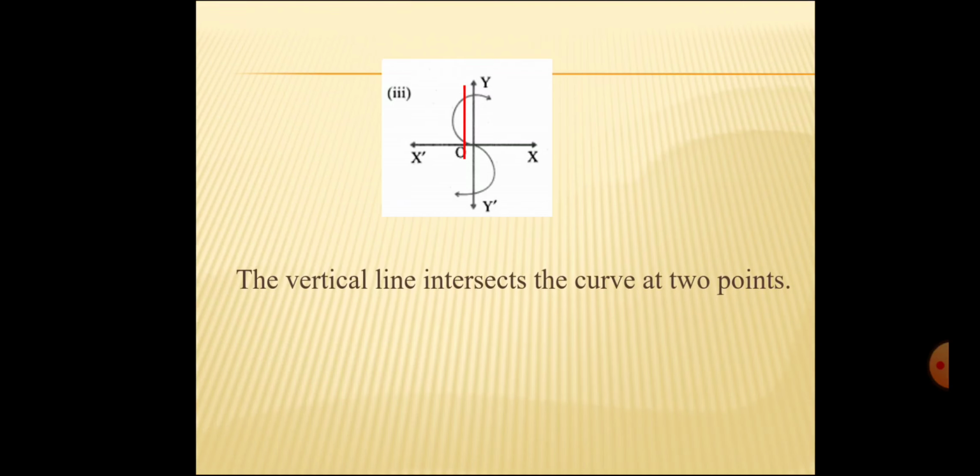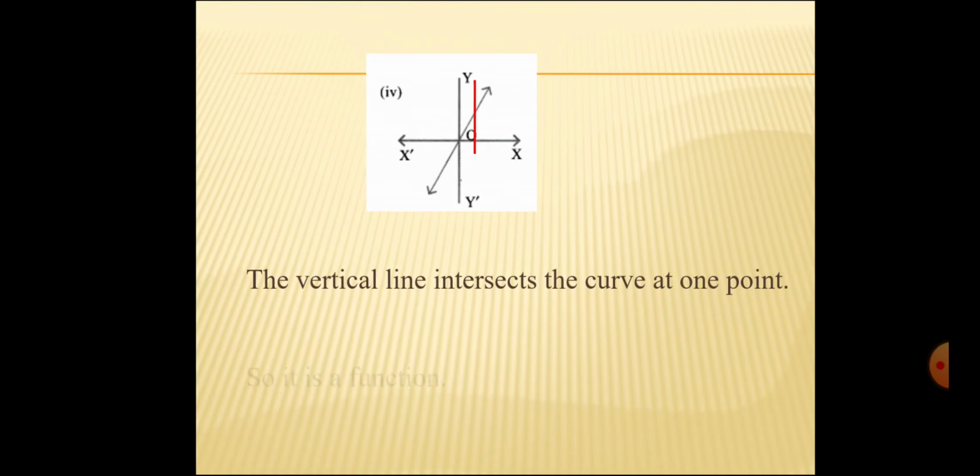This vertical line cuts the curve at 2 points, so it is not a function. Fourth one, here also you draw a vertical line. You see the line cuts the graph at only one point, so it is a function.